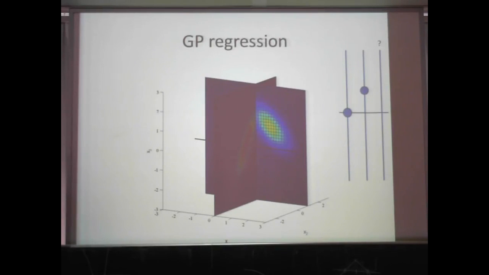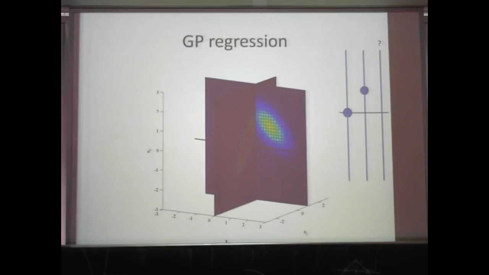Okay, so we want to find the parameters of this posterior Gaussian distribution, and we need the mean vector. And Bernhard, could you please switch over here?